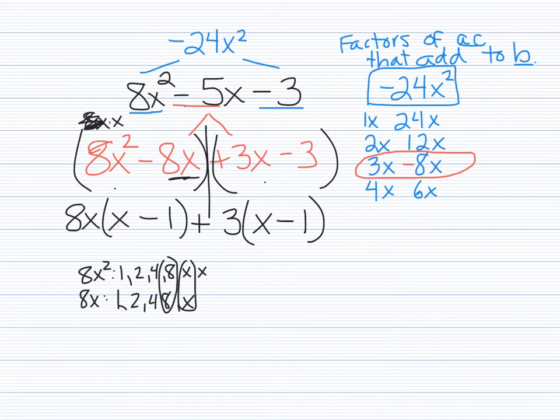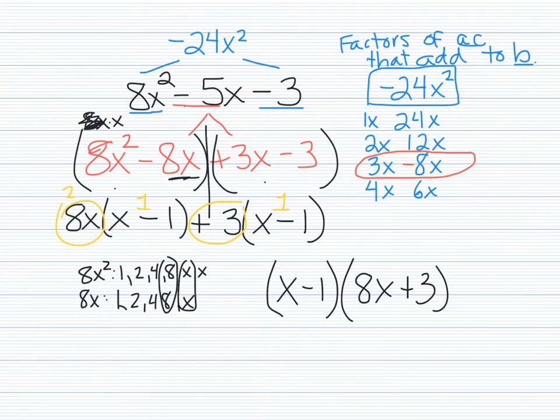Okay, so remember, this is my group 1, and these make up my group 2. So my two factors for 8x squared minus 5x minus 3 are x minus 1 times 8x plus 3.